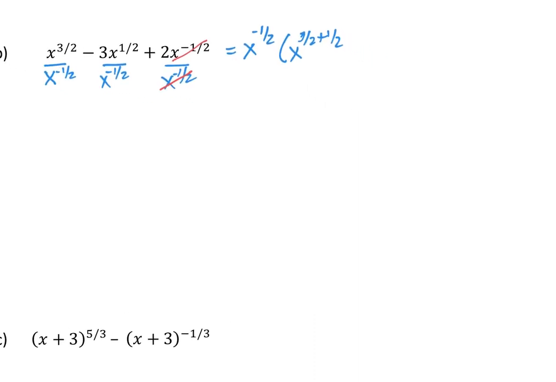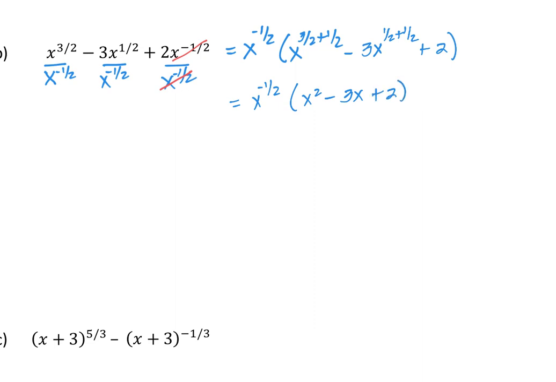Oops, and then we have a minus 3x to the 1/2 minus a -1/2 would be 1/2 plus 1/2. And then we have this +2. So it becomes x to the -1/2. Within the parentheses, I have x to the 4/2 or x squared minus 3x plus 2.